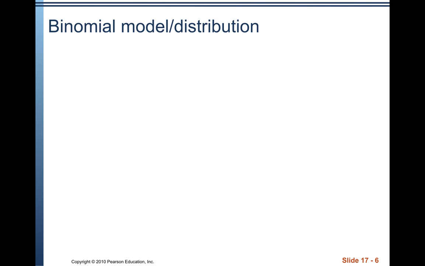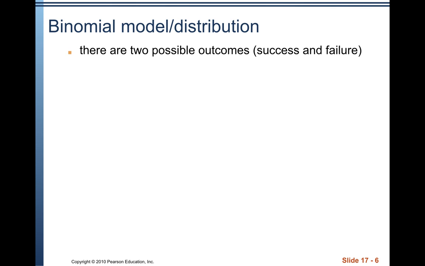Next, we've already talked about a special type of probability model known as the normal distribution or the normal model. That's, of course, the bell curve. Another special type of probability model is called the binomial distribution. If you think of what binomial means in algebra, a binomial is an expression that has two terms. Bi means two. Well, in a binomial distribution, there are two possible outcomes.